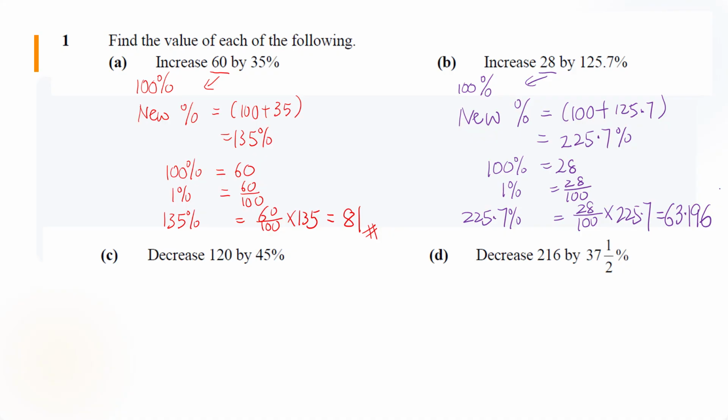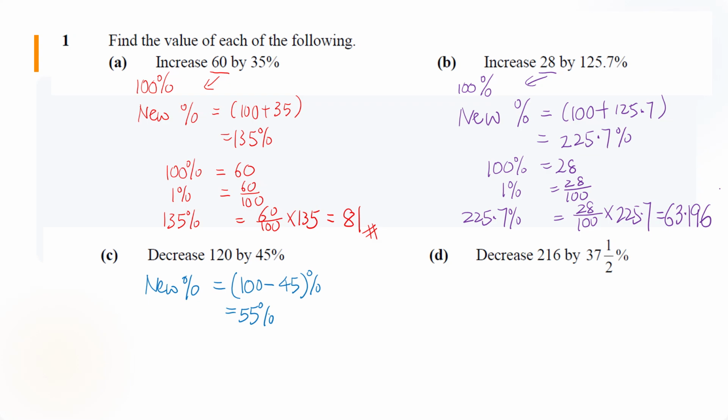So for the next question, we are asked to decrease the value by 45%. Right, so 120 represents 100%. So your new percentage will be 100 minus 45, and that gives you 55%.